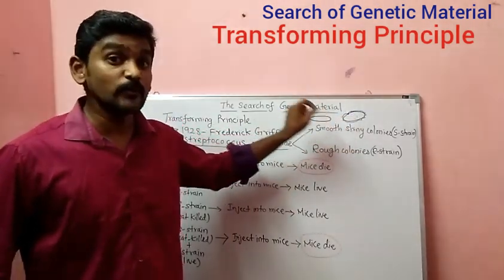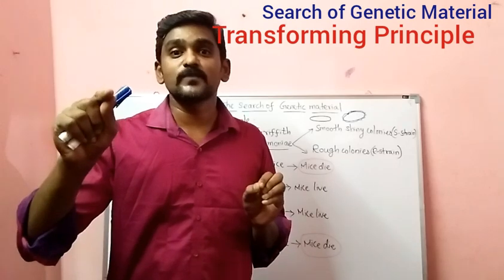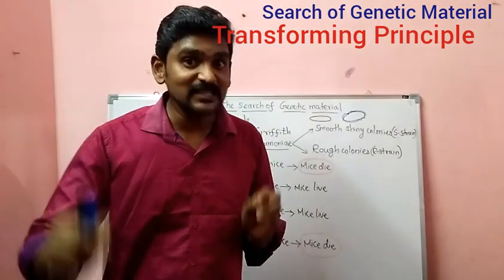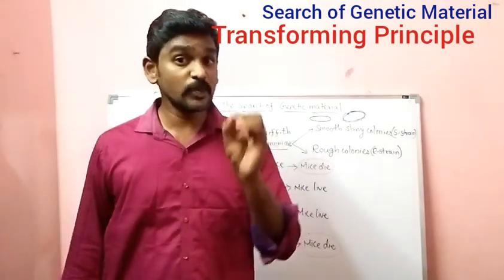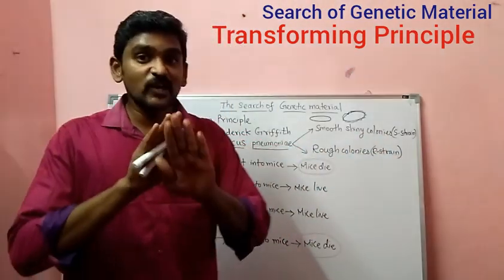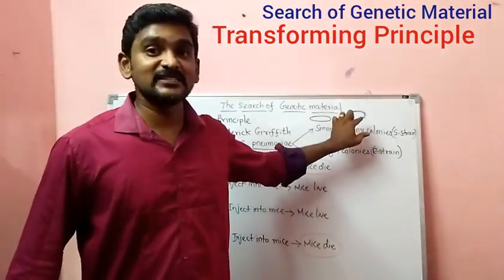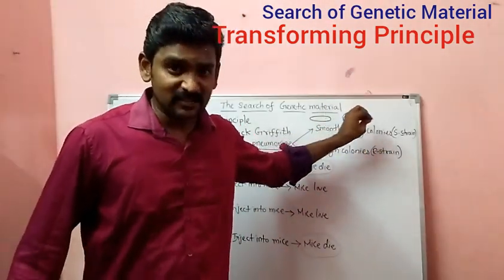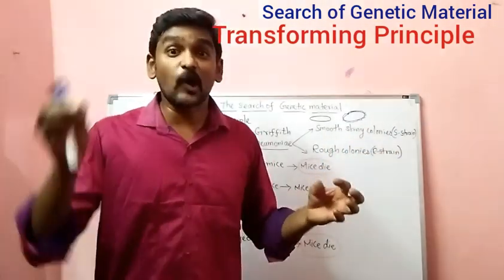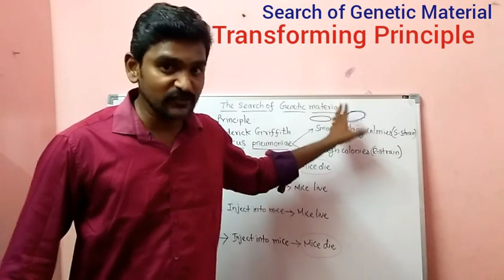One produces the mucus layer, and this mucus layer is responsible for causing the disease called pneumonia. Pneumonia is caused by the S strain, whereas the R strain will not cause pneumonia. It is a normal bacteria. The S strain is the pathogenic bacteria, that is virulent. Virulent means it causes, it affects. That is the major difference.